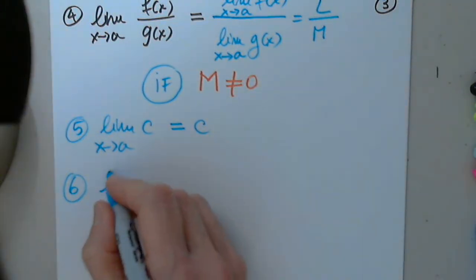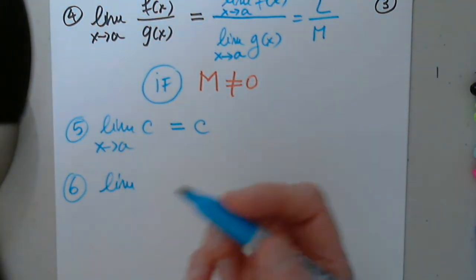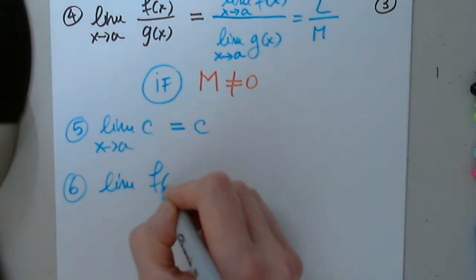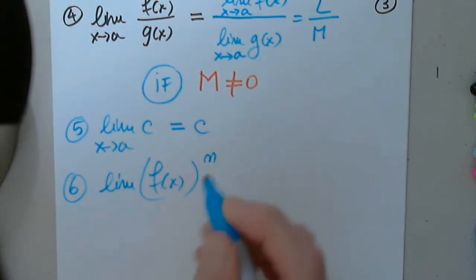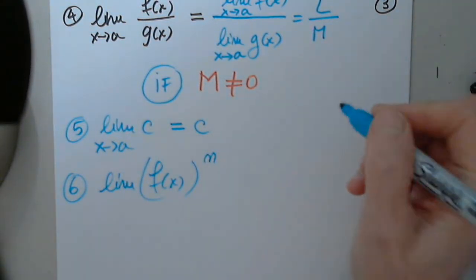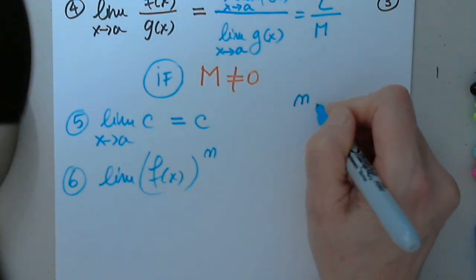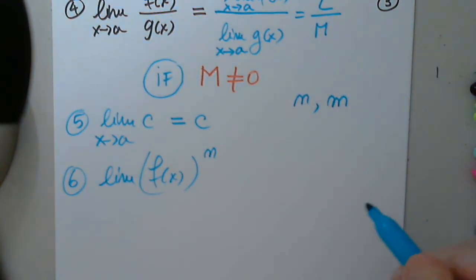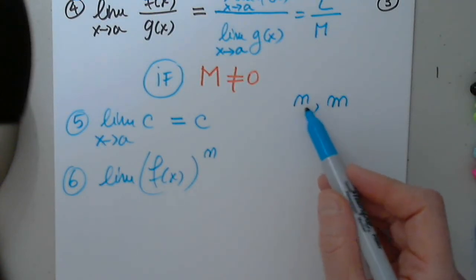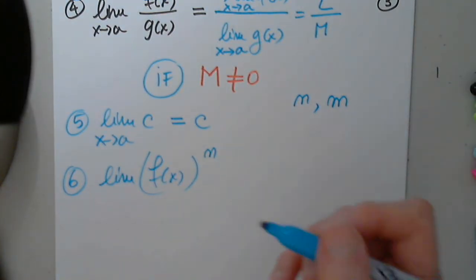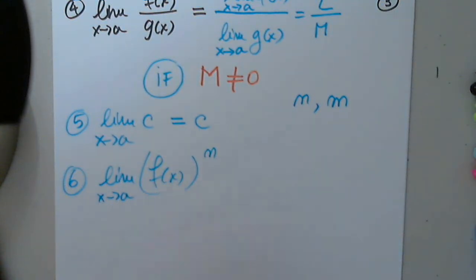Number 6, the limit of f of x raised to any power. This is n. Sorry, my handwriting is not the best. So this is my n and this is my m. Sorry about that. Okay, as x approaches a, and n is a positive integer.